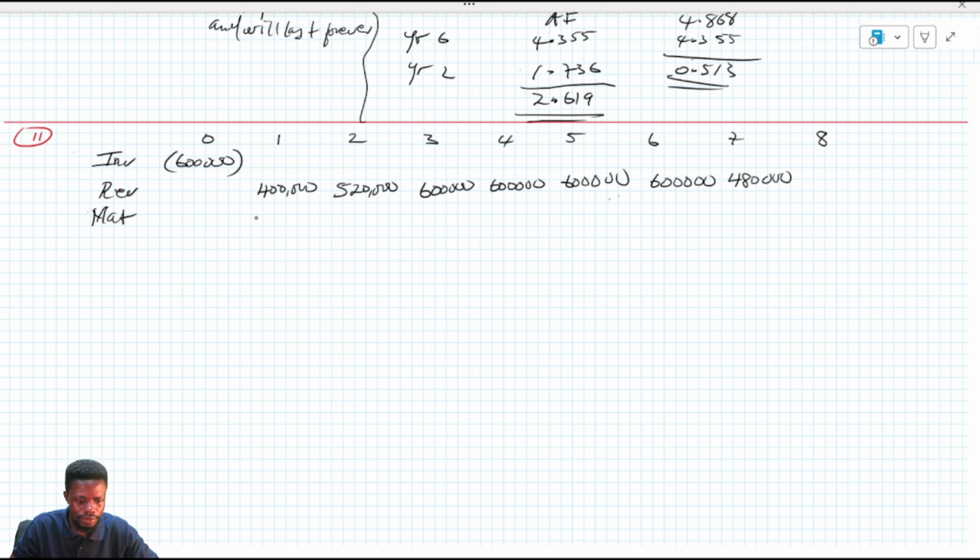Materials for year one, you had 30,000. Materials for year two, you had 39,000. Materials for year three to six, 45,000.